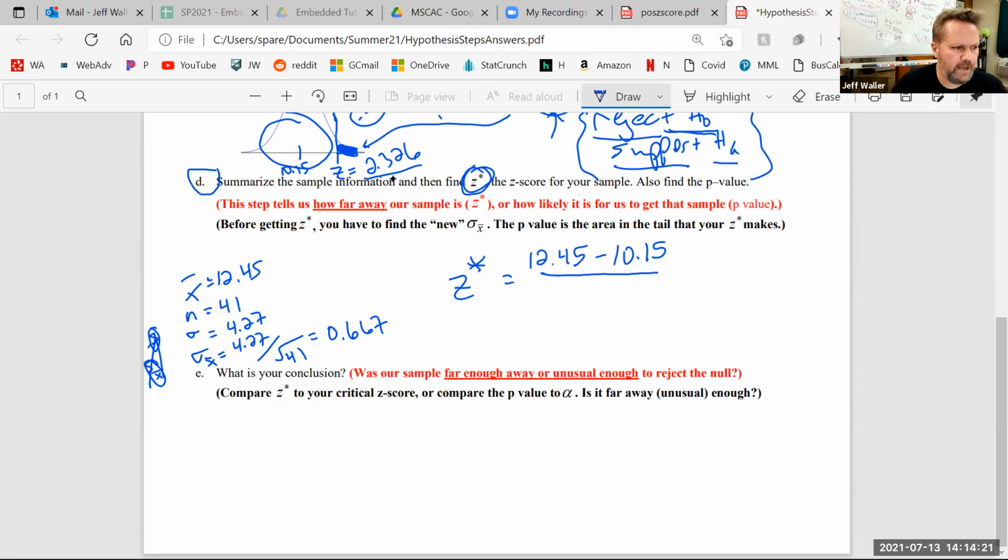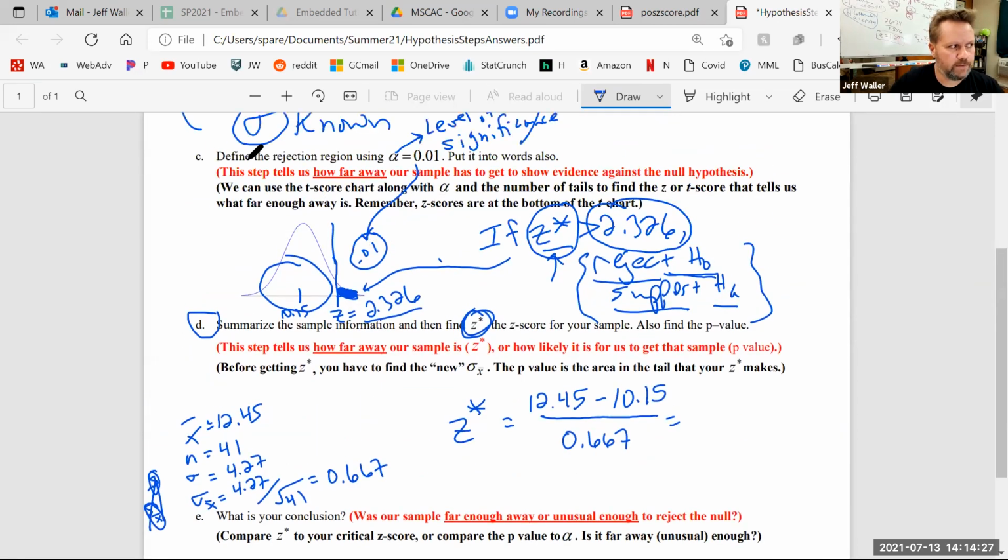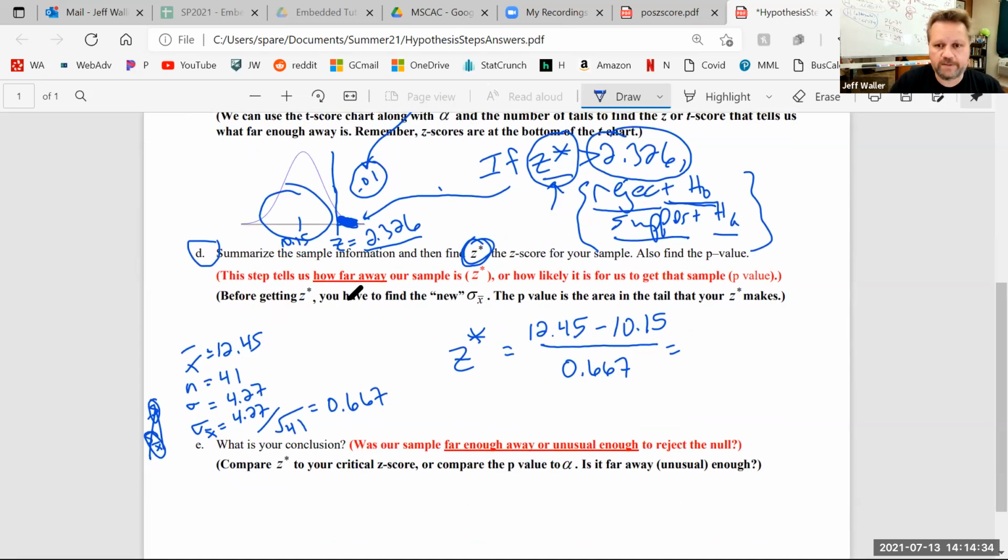Okay. Divided by the new standard deviation. So again, just to remind you guys, step C was, how far does my sample have to get to show evidence? And then the next step, of course, is how far did my sample get? 2.3 divided by 2/3, so 3/2... 3.45.